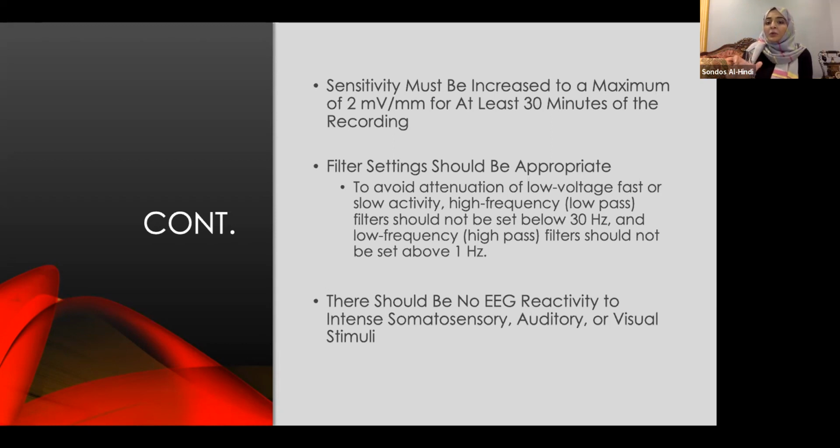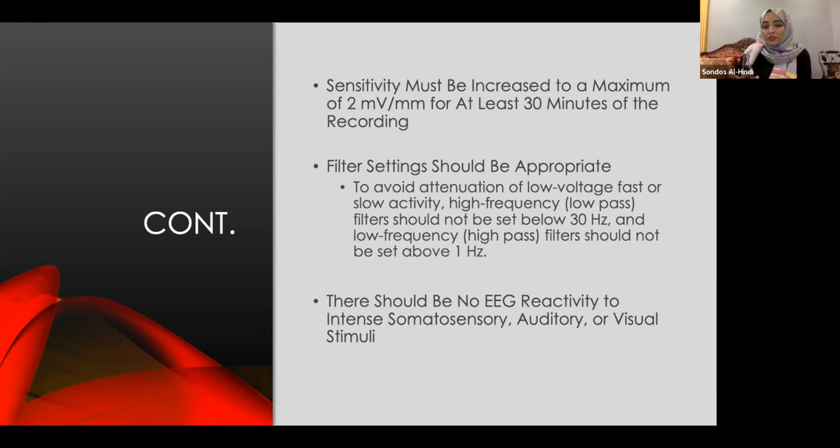All right, the recording must be for at least 30 minutes. There have been some reports of spontaneous activity after 20 minutes of recording, and to avoid those case reports, especially when you're trying to declare somebody as brain dead, the minimum criterion is at least 30 minutes of recording or more.